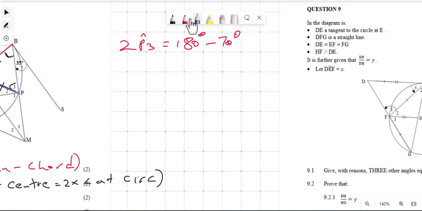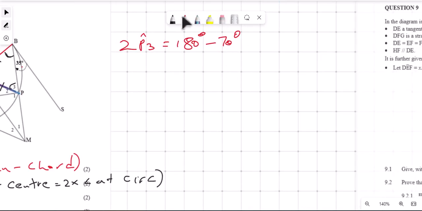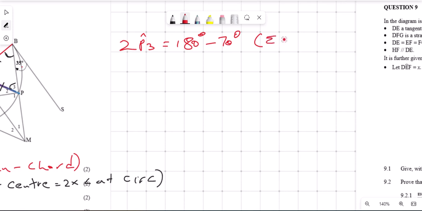110. And then our reasoning will be: sum of interior angles of a triangle.